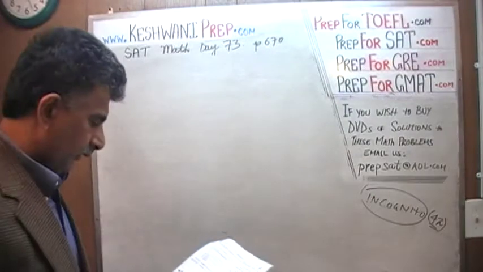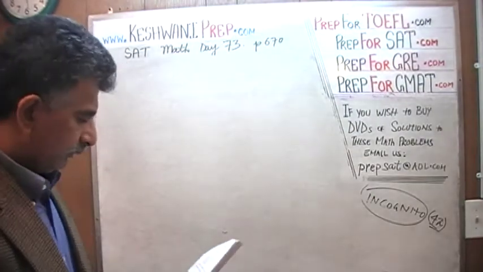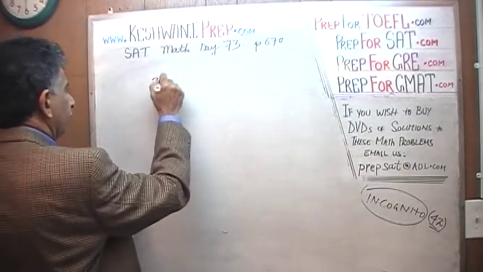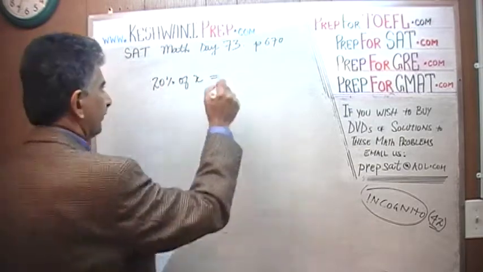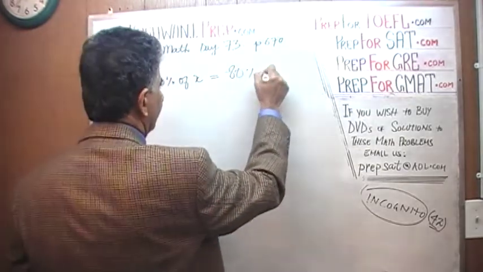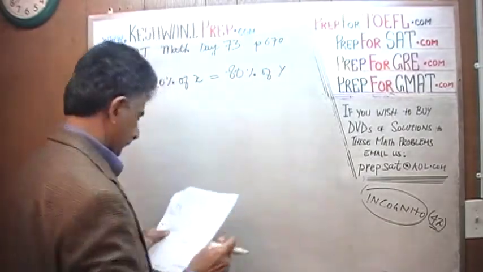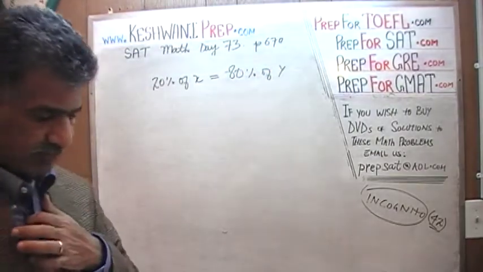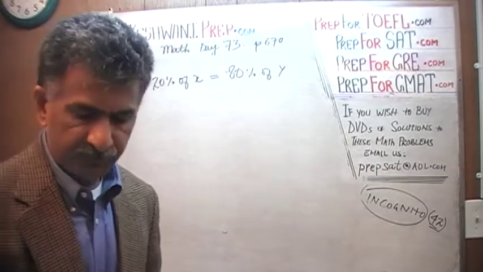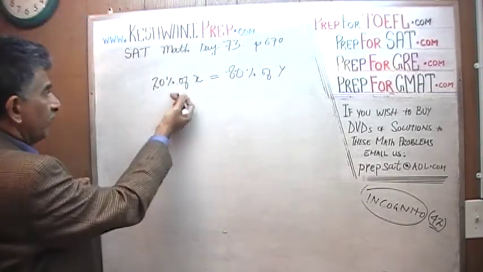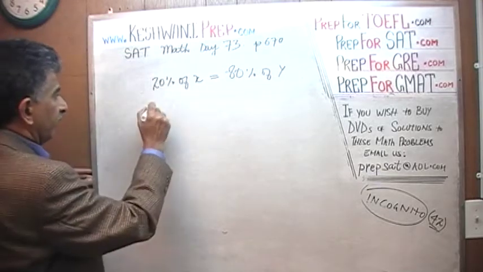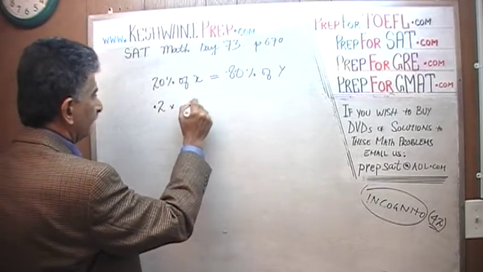Number 2, if 20% of x equals 80% of y, which of the following expresses y in terms of x? Alright, so we just have to solve for y in terms of x. So let's do that. 20% of x, how do we write that? We can write that as 0.2 times x.